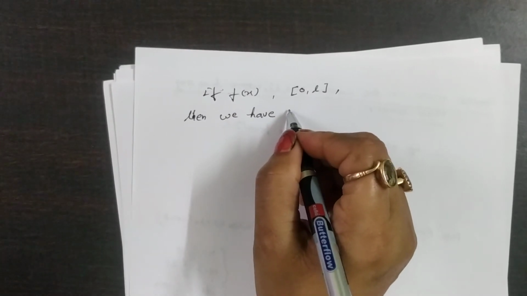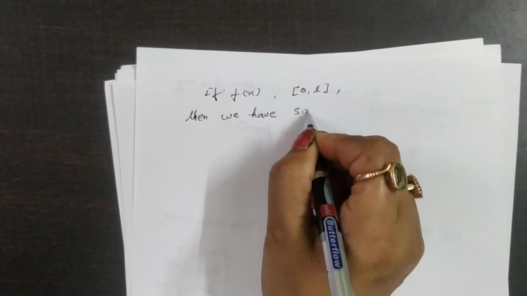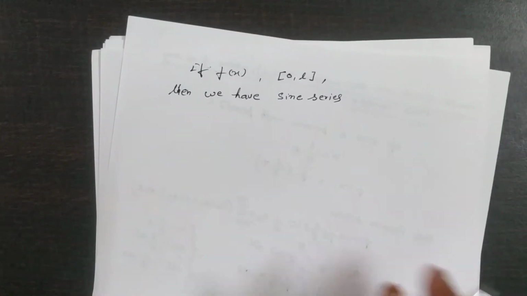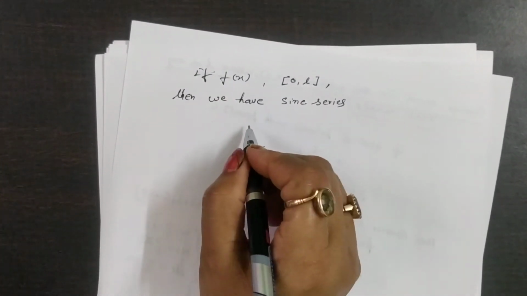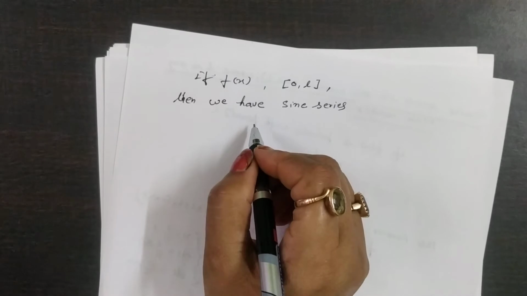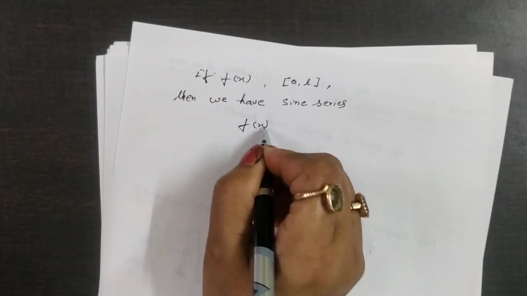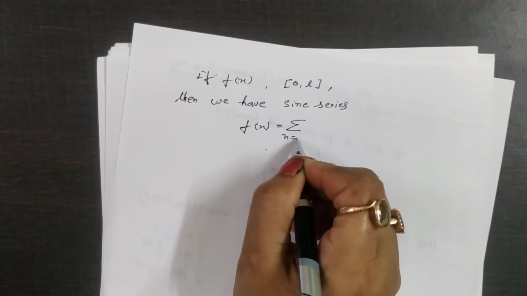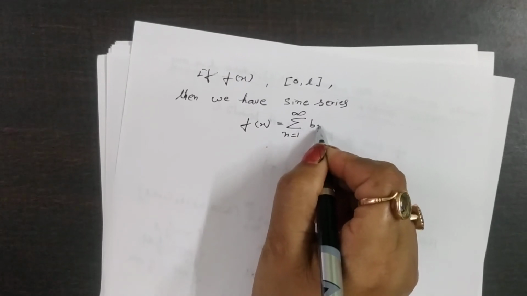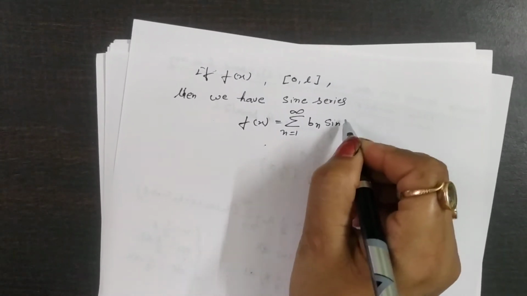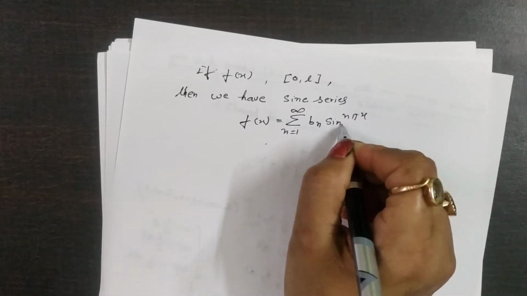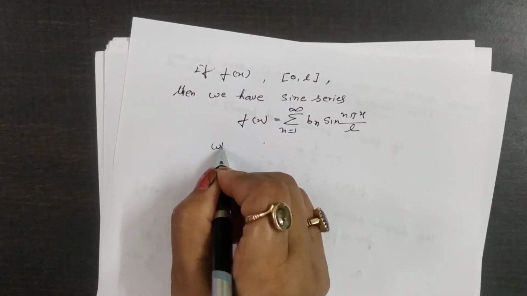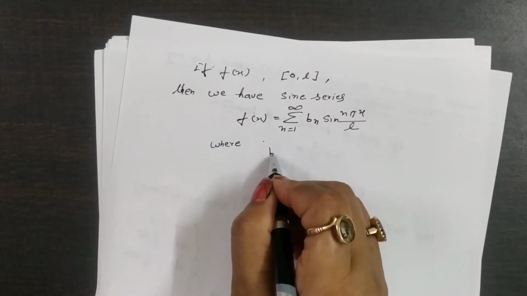For the sine series, which is again in the form you have earlier found out, the function is for odd functions. Therefore f of x is equal to sigma n varying from 1 to infinity bn sine n pi x by L, where bn you proved earlier.